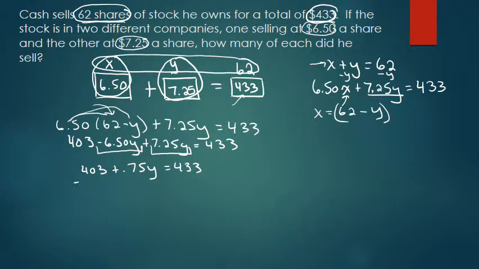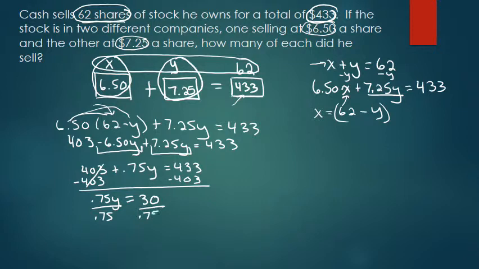Now I subtract 403 from both sides. So the left-hand side goes away, and I have 0.75y equals, let's see, I get 30 when I subtract that. And now I divide both sides by 0.75.